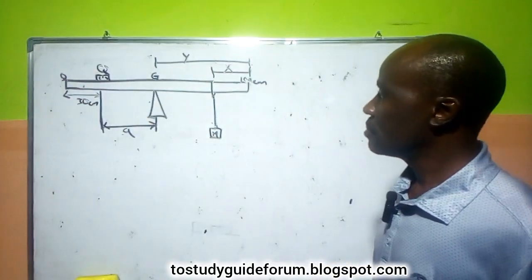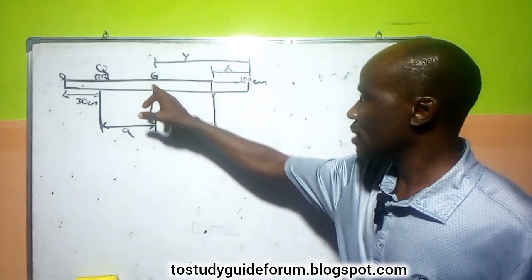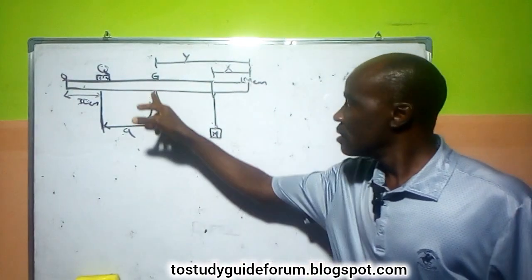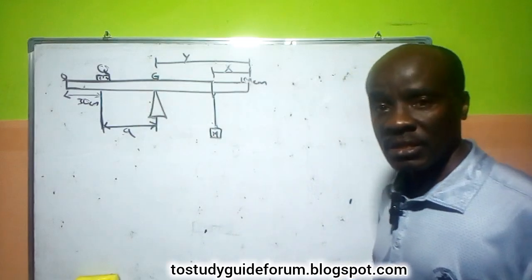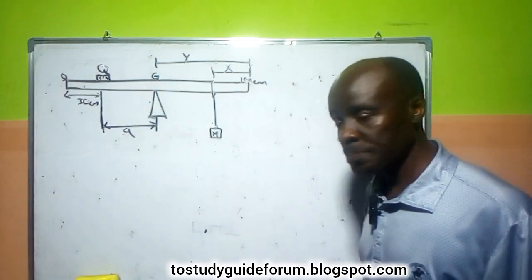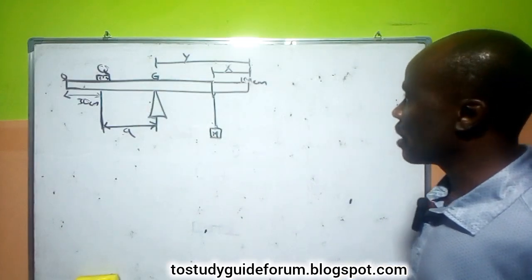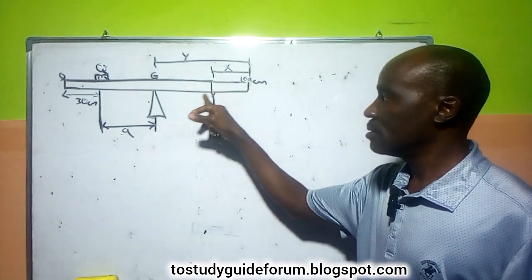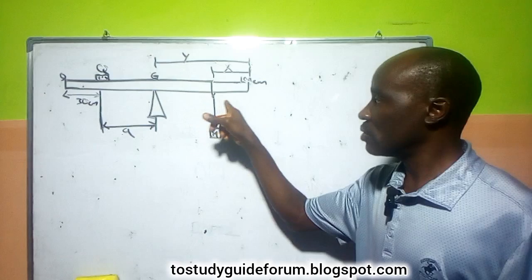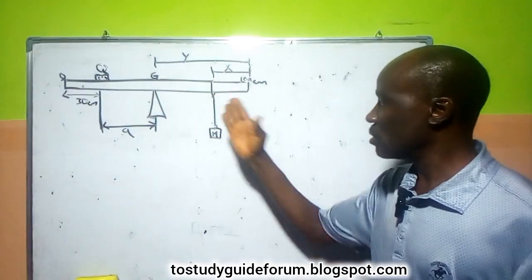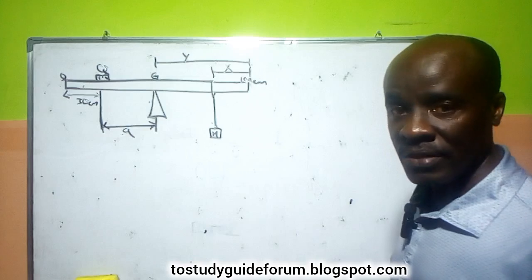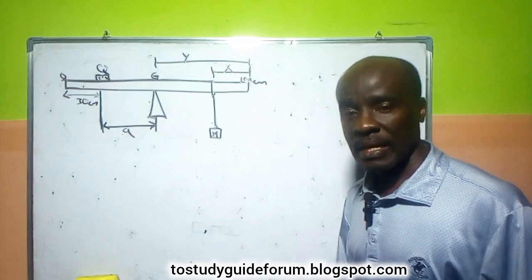Then the meter rule will be balanced at the knife edge, and the center of gravity will be noted. Then the other mass will be varied. You adjust this mass to the point where it will balance with the 100 grams.